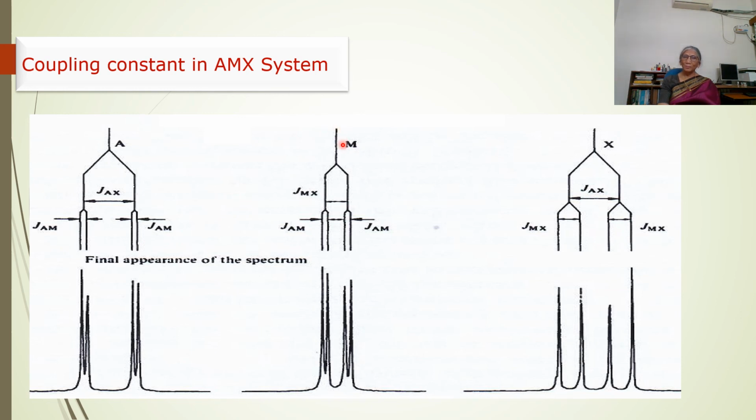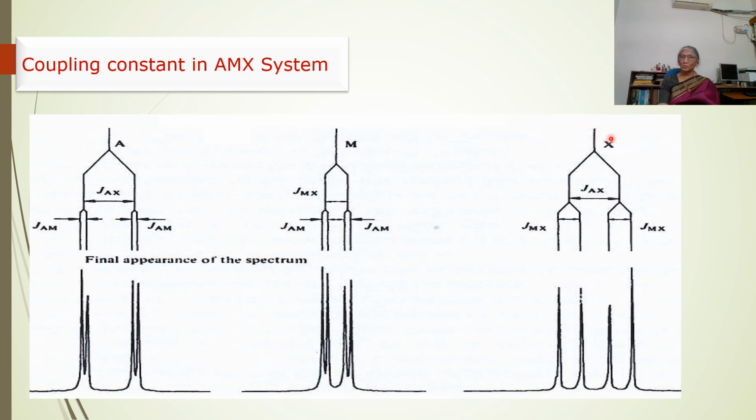Similarly, proton M couples with proton X and gives two lines, and again it couples with proton A, so the two lines are further split into two peaks. So in all, a double doublet is seen. Here also there are two types of coupling constants, JMX, which is a J3 coupling, and JAM, which is a J4 coupling.